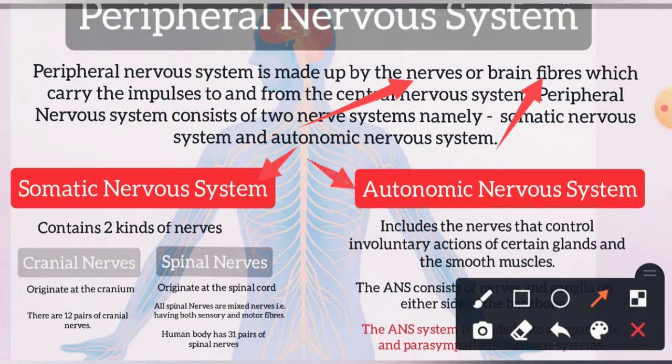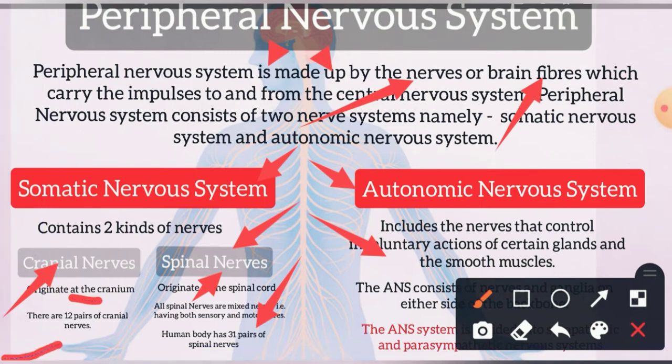Look at this diagram. The nerves which come out from the brain are called the cranial nerves, whereas the nerves which come out from the spinal cord to the different parts of the body are called spinal nerves. The cranial nerves originate at the cranium, and there are as many as 12 pairs of cranial nerves.